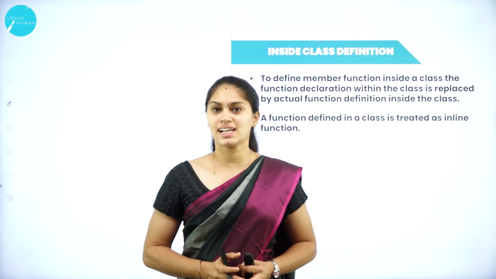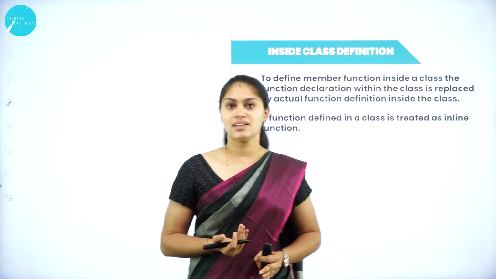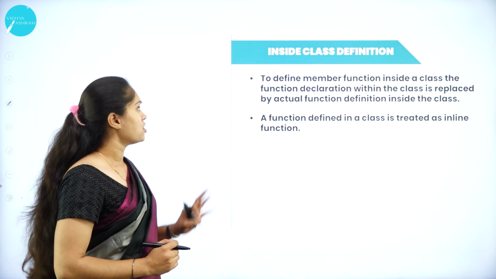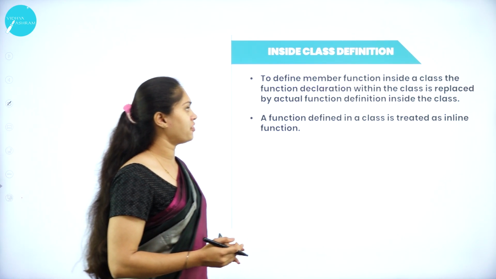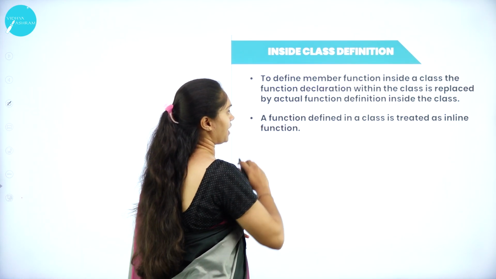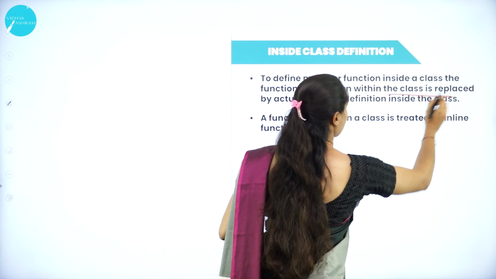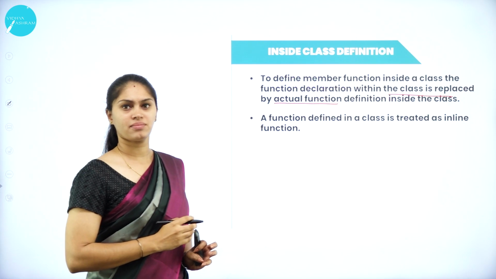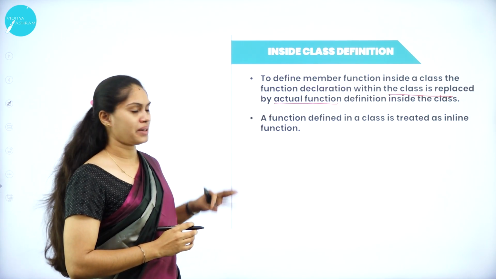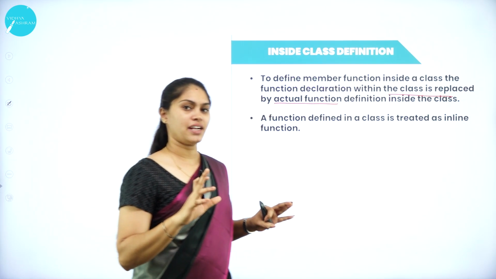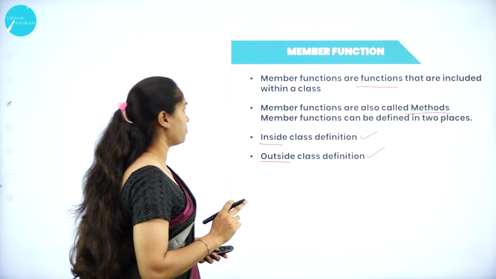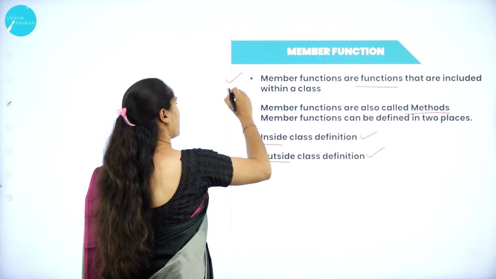How can I define the member function inside the class definition? We'll see now. In order to define the member function inside a class, the function declaration in the class is replaced by the actual function definition. I will let you know what this means. So we can define the member function either inside or outside, and you have to remember this is important for a 5 marks question.